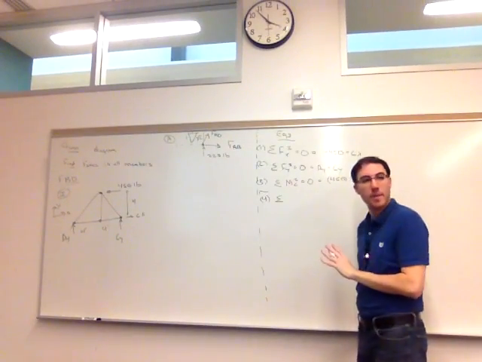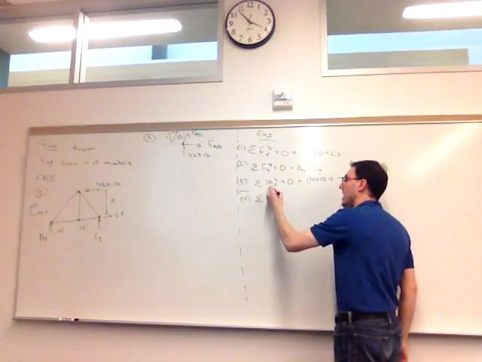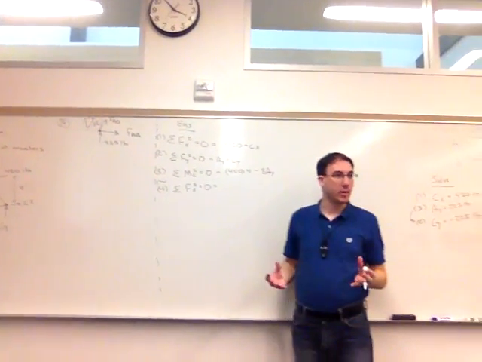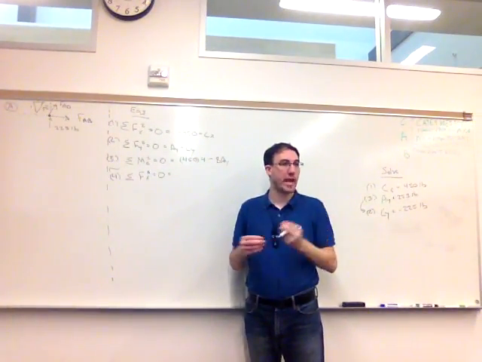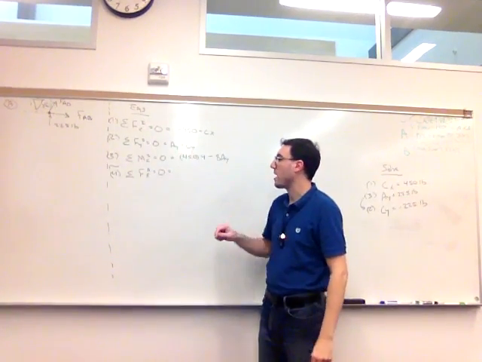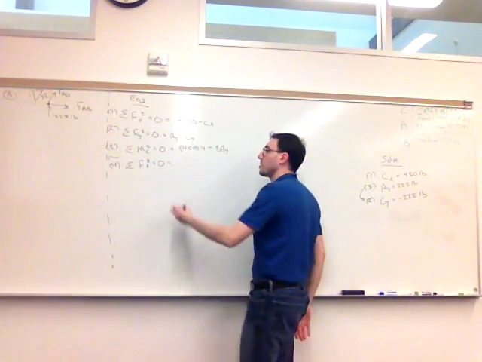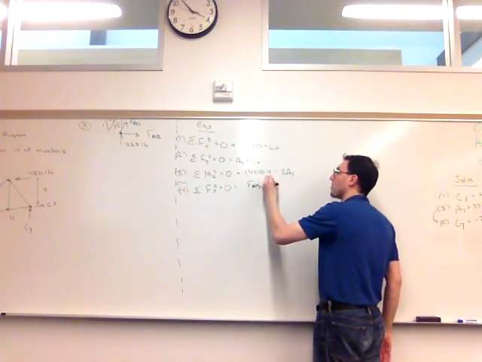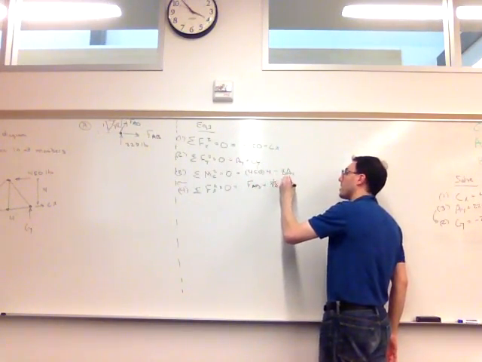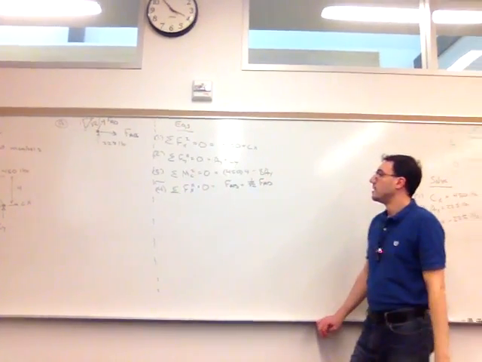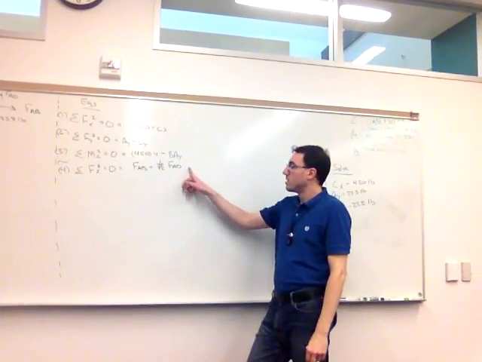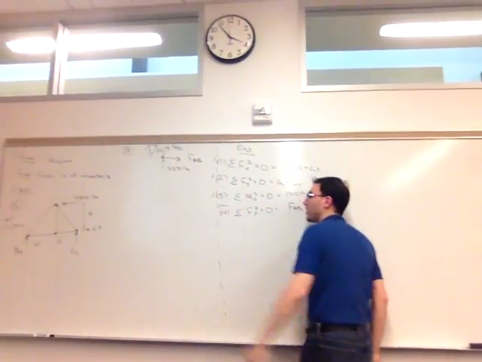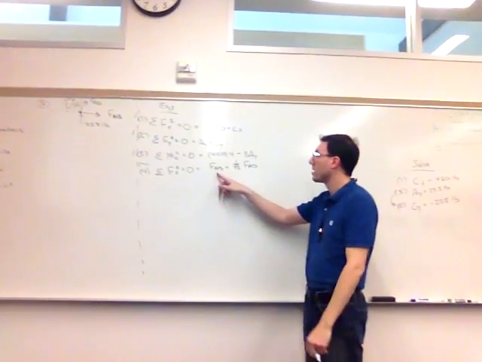So now we look just at picture A, and we can sum forces in the x direction. If the whole truss is in equilibrium, every piece of it is, including every pin. So from picture A, summing forces in the x direction, we get FAB plus 1 over √2 FAD. We've already used equations 1, 2, and 3, so there's nothing else they can tell us.